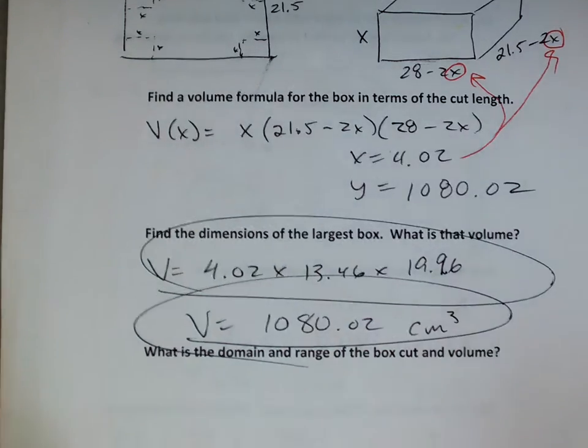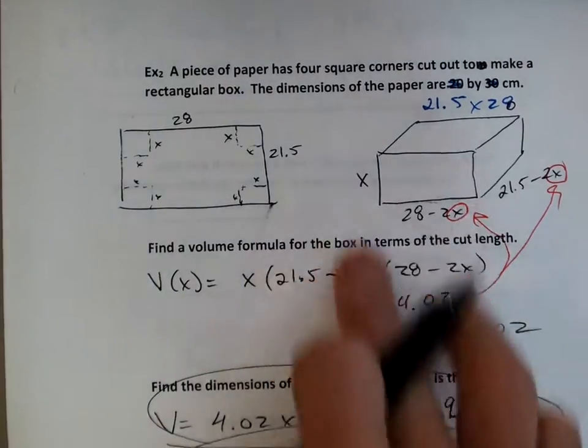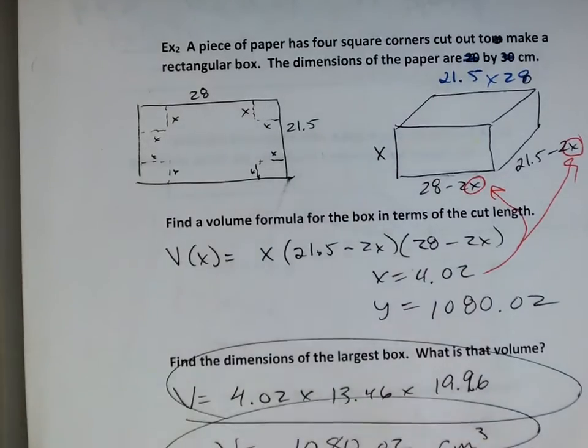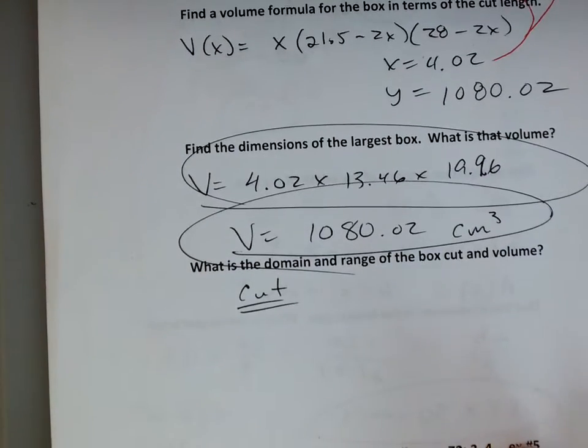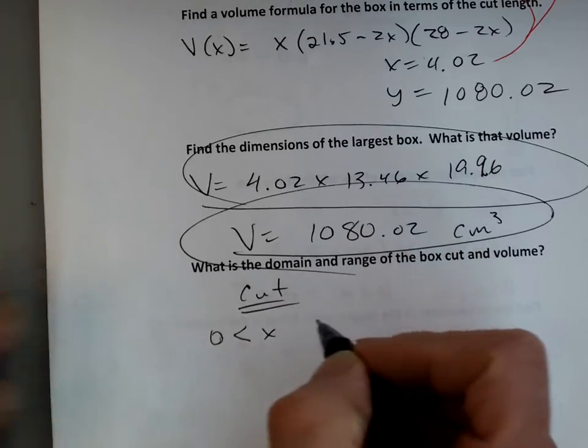Okay, now, what's the domain? The domain is the cut. The domain's always the x. And the smallest cut we can make, and Evie, you made a pretty small one, but you could do it smaller, right? So the smallest cut has to be just bigger than 0.